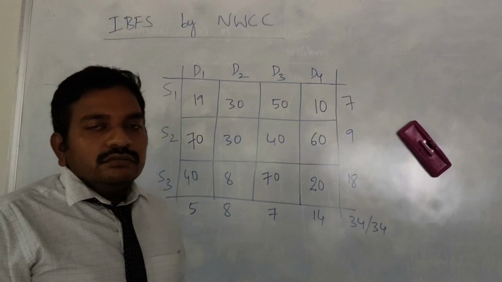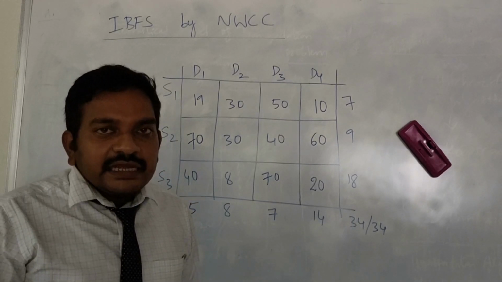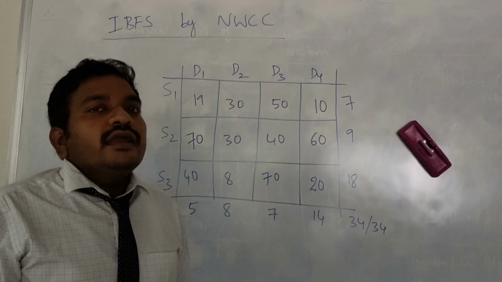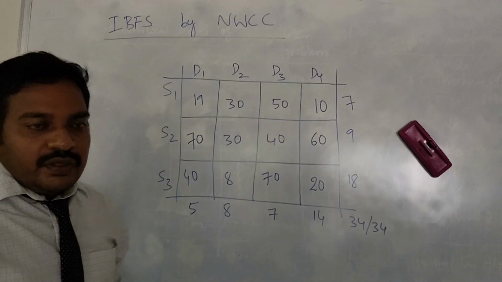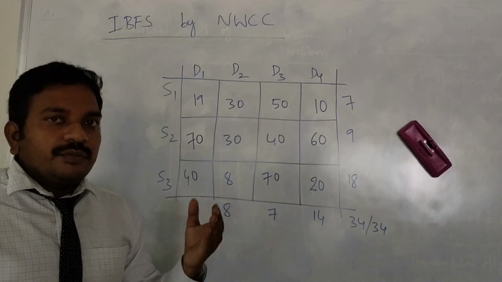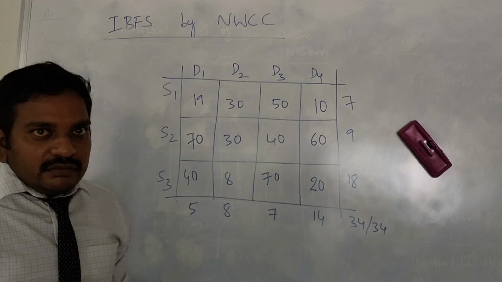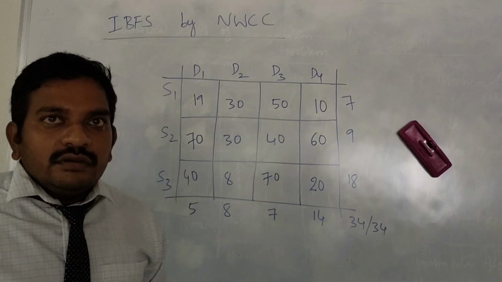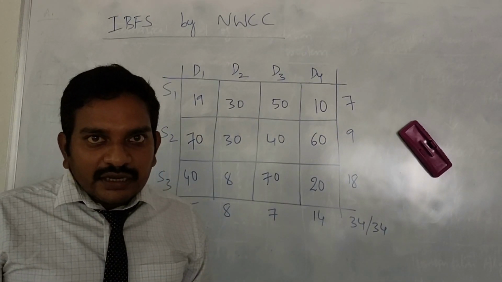In this video, I am going to explain the first algorithm of transportation problem of finding initial basic feasible solution. In my previous videos, you may have seen the process of transportation algorithm and the steps in transportation algorithm.